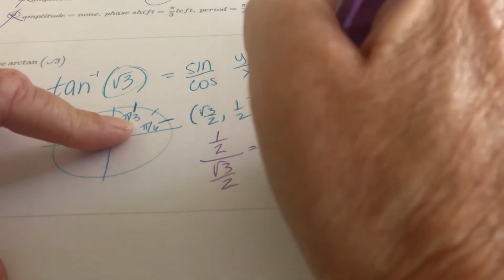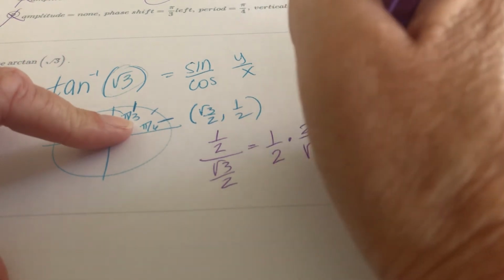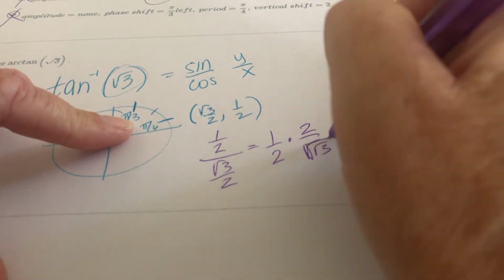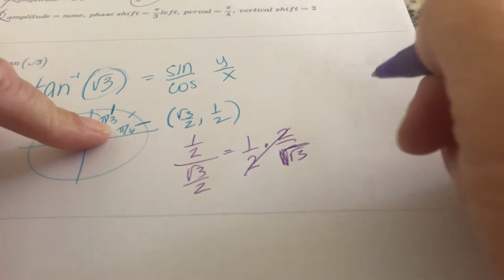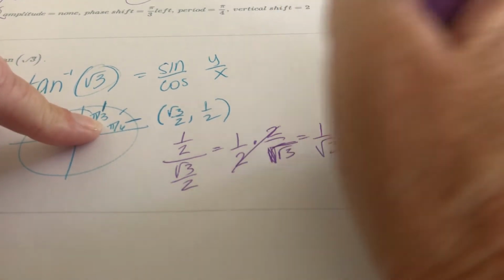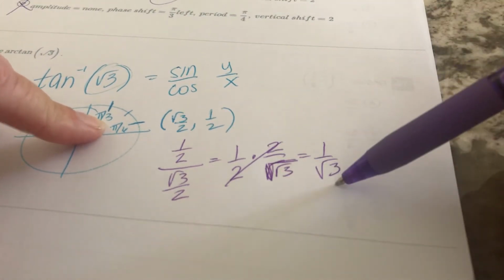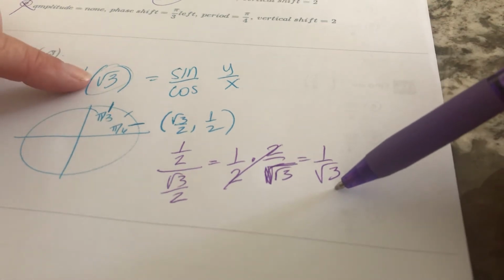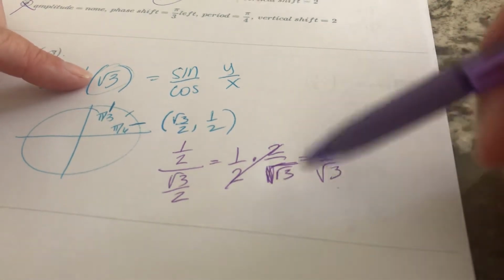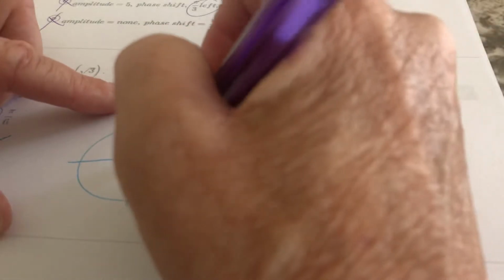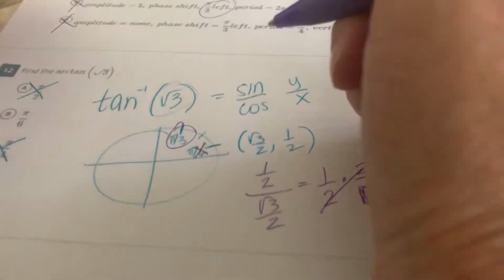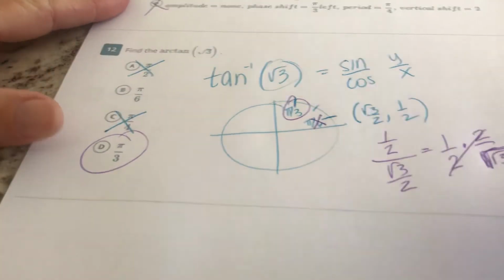I would multiply by the reciprocal. Whoops, I did too many square roots there. I don't know what I'm thinking. 2's cancel, and we would have 1 over the square root of 3. Well, 1 over the square root of 3 is not the same thing as square root of 3. This would rationalize and give square root of 3 over 3. So it's not pi over 6. It has to be pi over 3. Has to be.